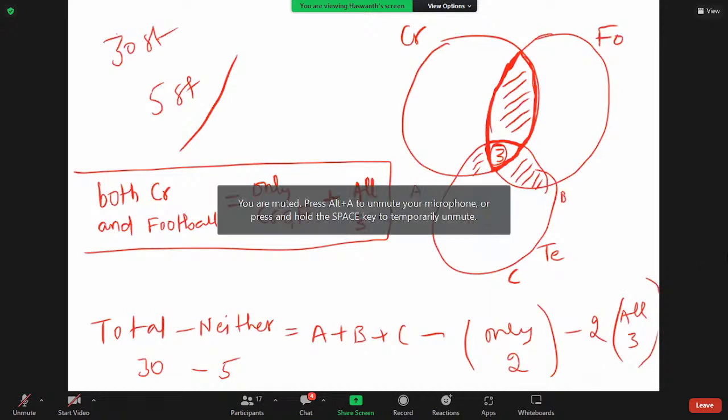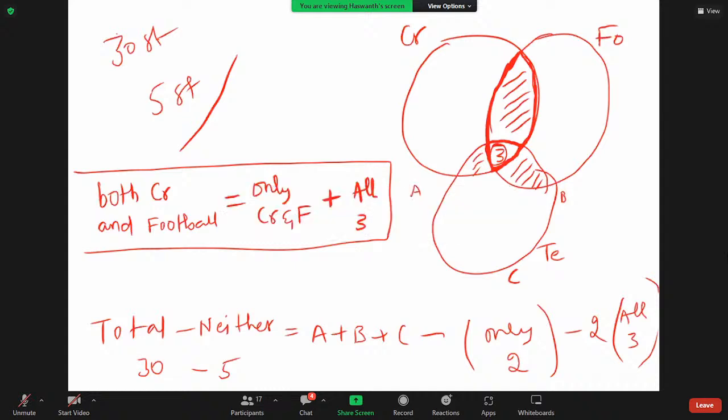So both cricket and football means only cricket and football plus all three. In the question, carefully observe what terminology he is using. Is he using the word both or is he using the word only? Because in the formula which I have given you just now, I am using the only value.